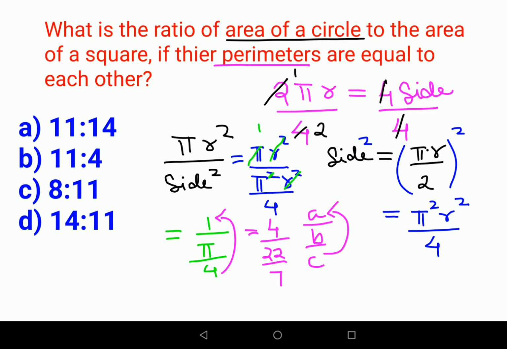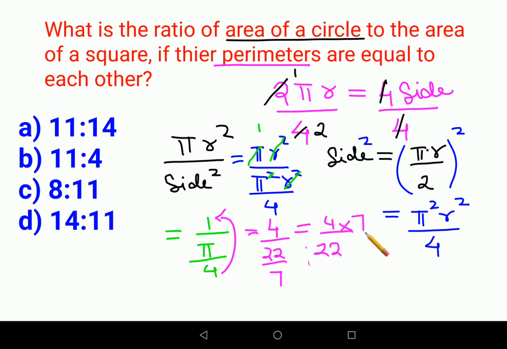Instead of putting just pi, let's put the value of pi in the fraction form, which is 22 upon 7. Now using the same logic, we can write this as 4 into 7 upon 22.